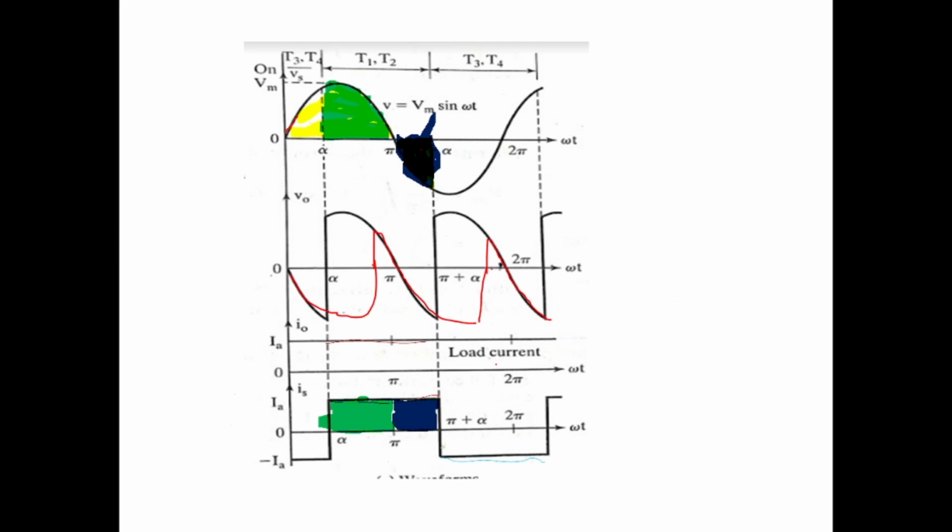So from alpha to pi, we call this rectifier mode, and from pi to pi plus alpha, we call this inverter mode. In rectifier mode, the power flows from source to load. In inverter mode, power flows from load to source.